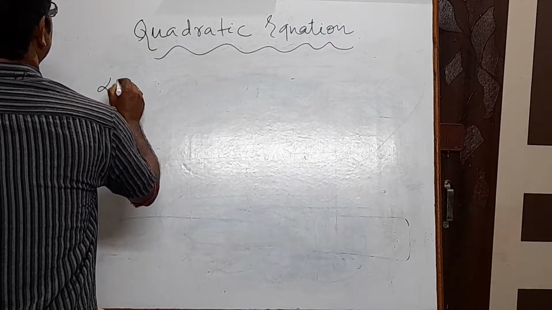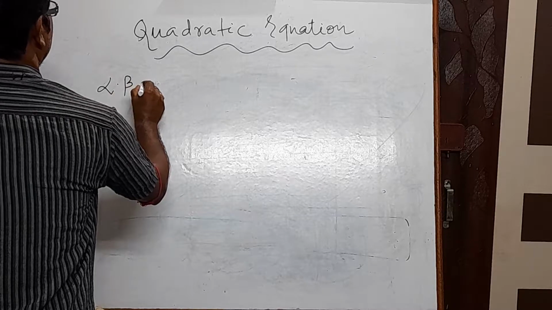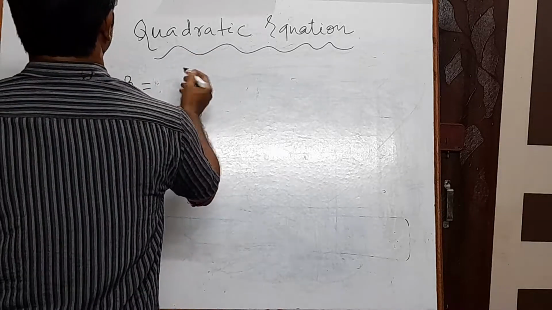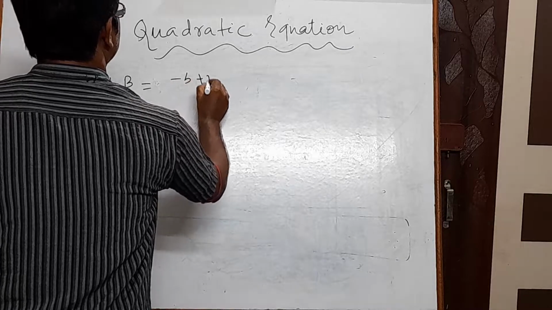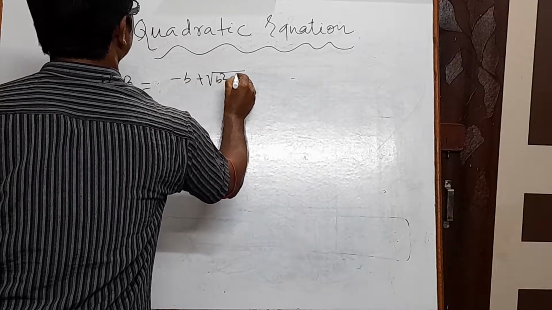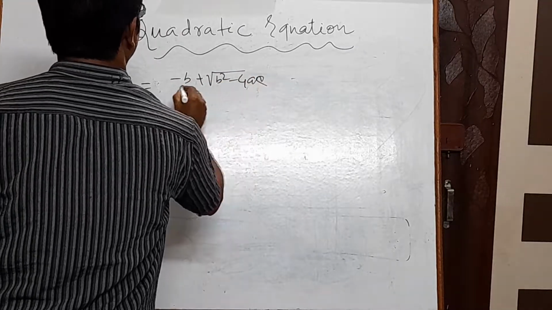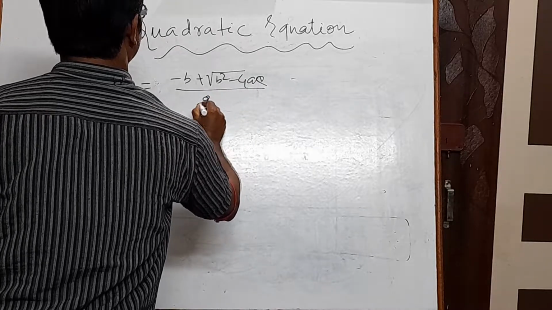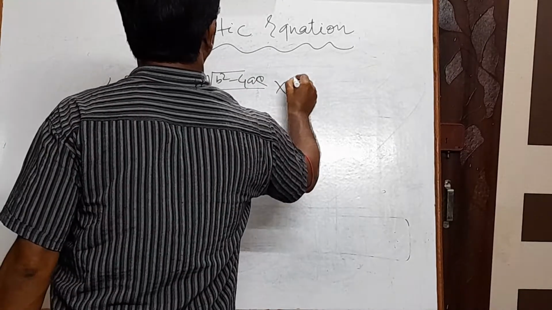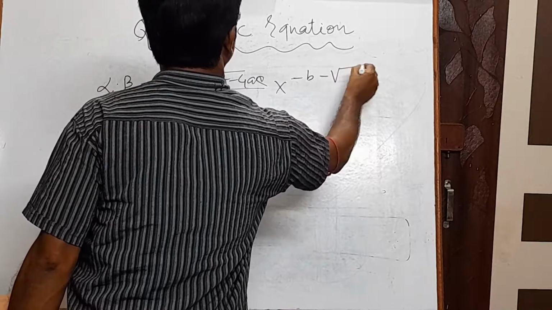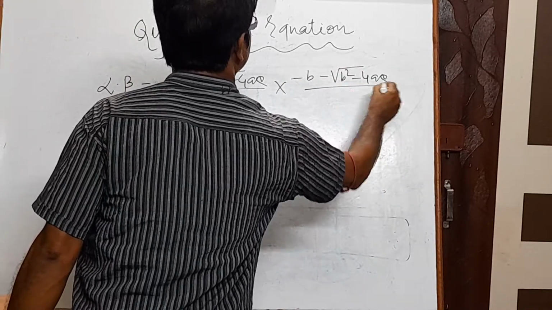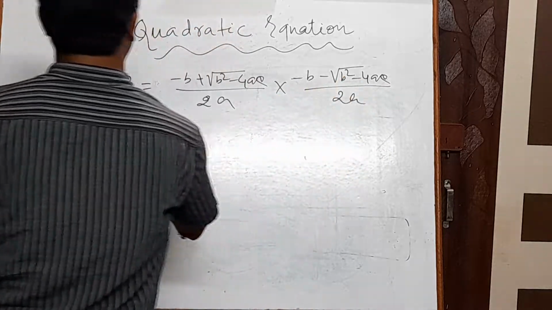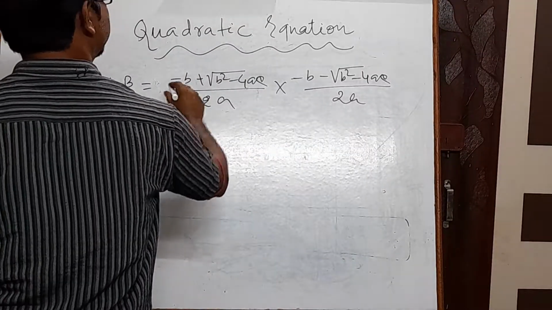Now see, the product of the roots means alpha into beta. Alpha into beta is what? The first root was minus b plus under root b square minus 4ac divided by 2a, into minus b minus under root b square minus 4ac divided by 2a. Now multiply these two.